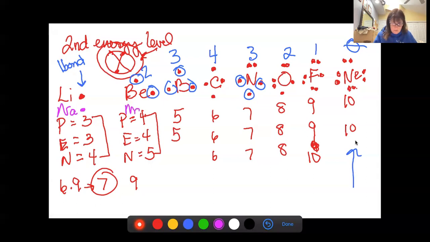Magnesium is under beryllium, and it's also going to have two. And we can keep going. Aluminum has three. And then silicon has four. And phosphorus has five. And so this is what the periodic table is talking about.